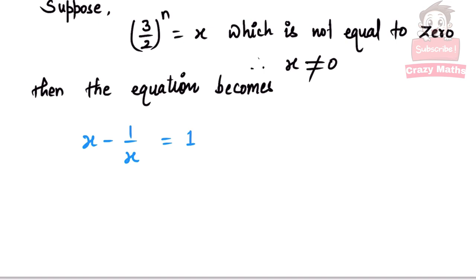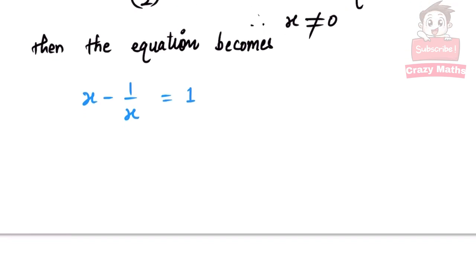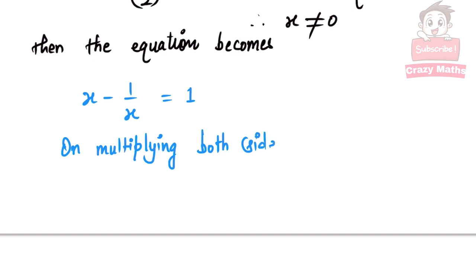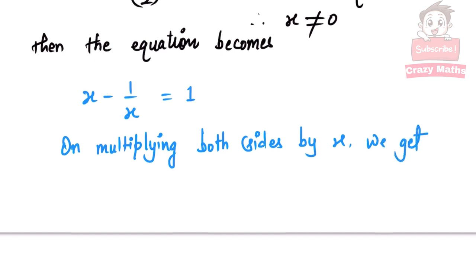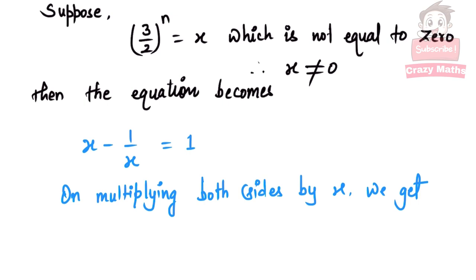Now on multiplying both sides by x, we got x into x square minus 1 upon x into x equal to 1 into x.